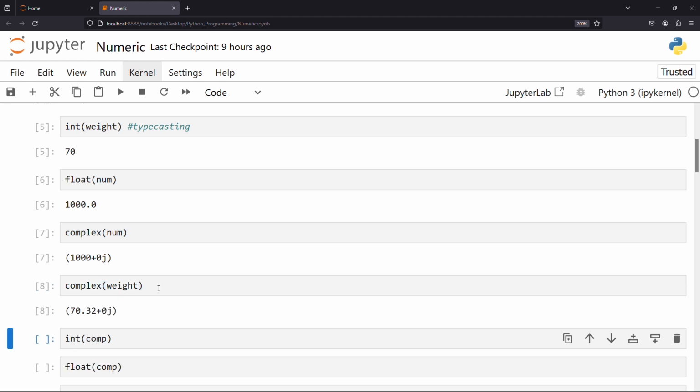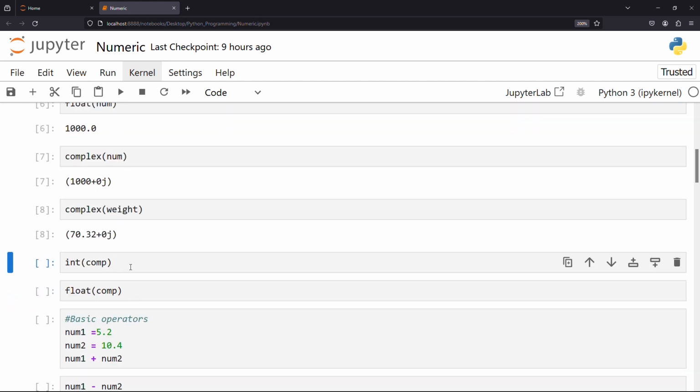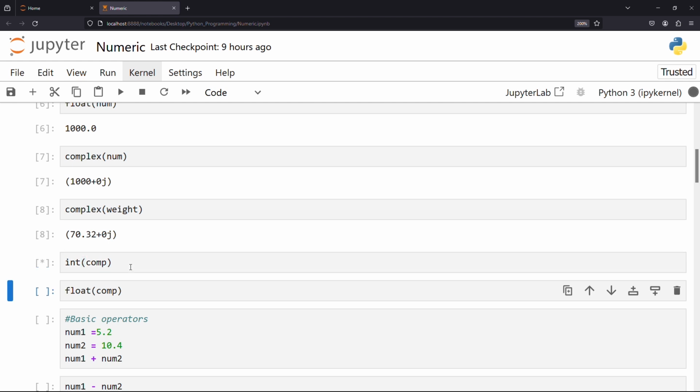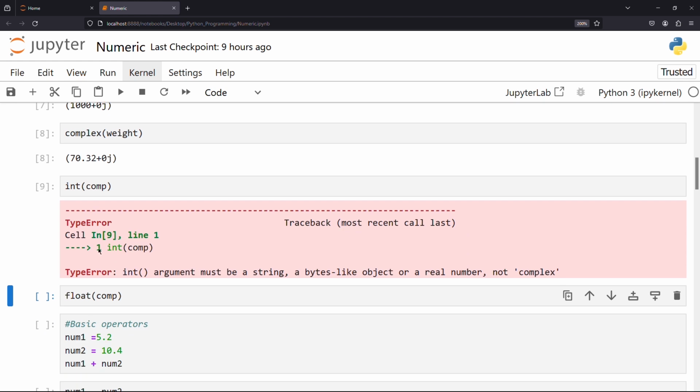Let's see how we can do that. Like this we can convert, but the reverse we can't do. Let's try the reverse and see what we get. It gives us a type error, because the int function does not accept the complex data type. It accepts float, or a string that contains only numbers.